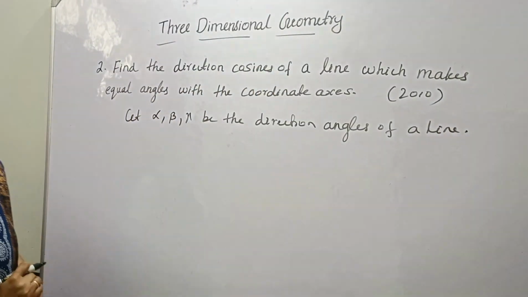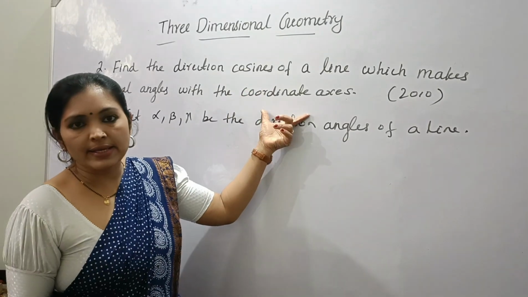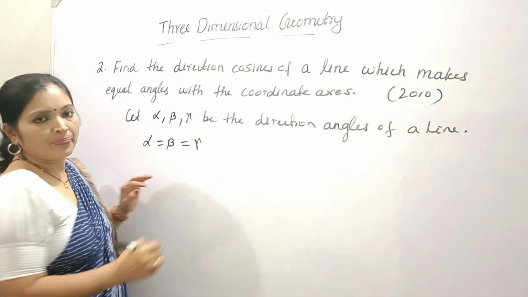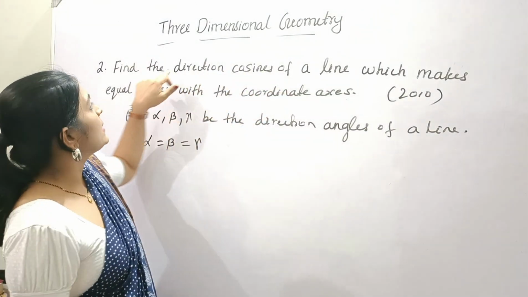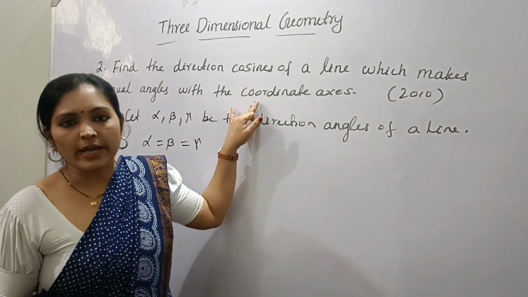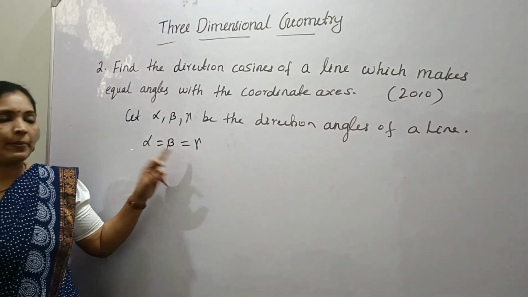Since this line makes equal angles with the coordinate axis, alpha is equal to beta is equal to gamma.